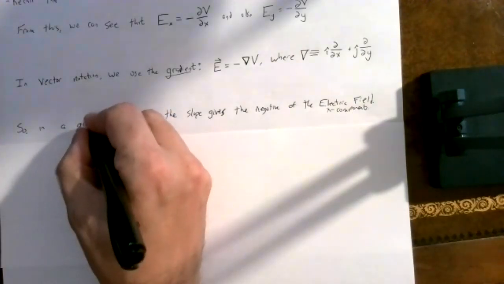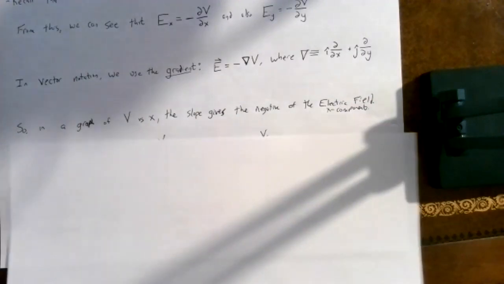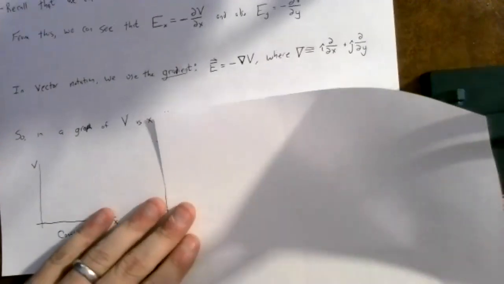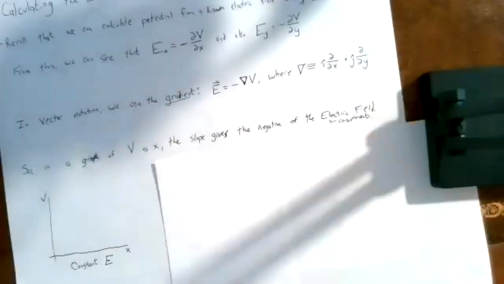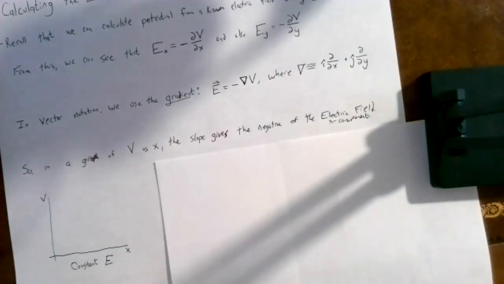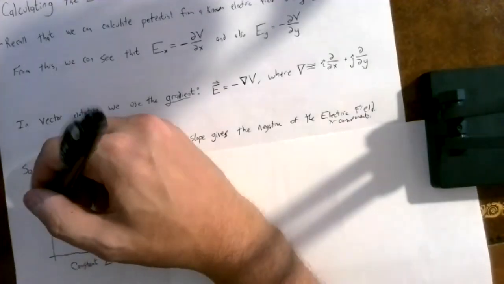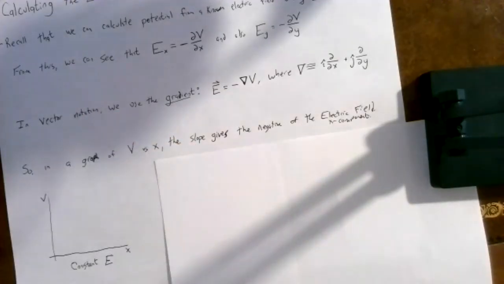Okay. So let's make a couple of graphs of some simple potentials here. First, a constant electric field. What would the electric potential look like for a constant electric field? Let's say to the right. We want a slope that's constant, right?